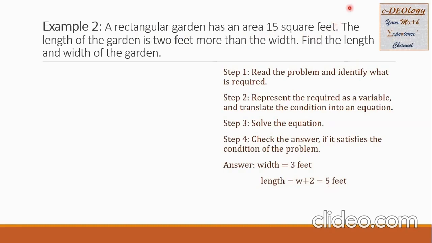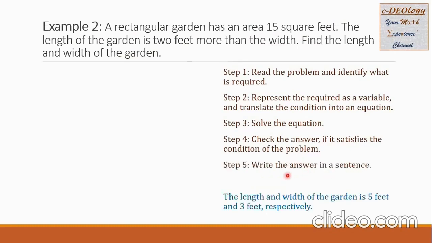The first condition here is met. The second condition, the length of the garden is 2 feet more than the width. The length is 5 feet, the width is 3 feet, so the length is 2 feet more than the width. The second condition here is also satisfied.